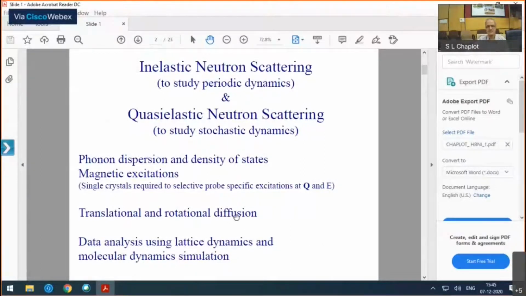Given that these systems tend to be of fairly complex structures involving several atoms, the data analysis or even planning of the experiment is not straightforward, but it heavily depends on some kind of modeling or simulation. So you need to anticipate what we are likely to observe, and how to distinguish between the different possibilities, and then identify.